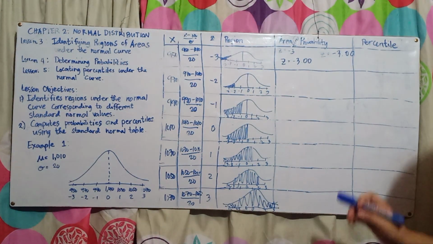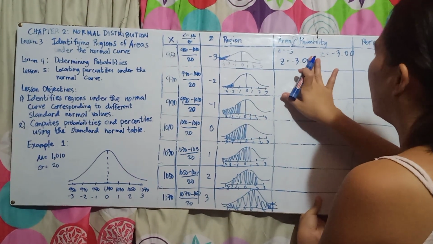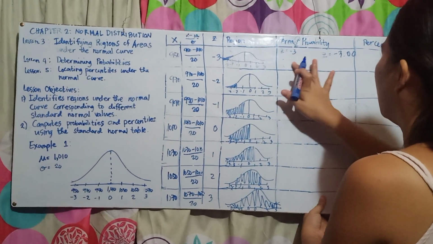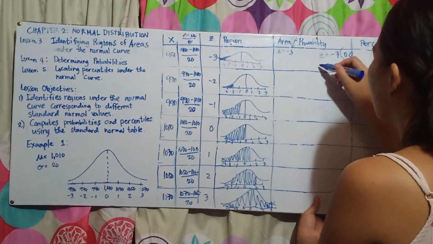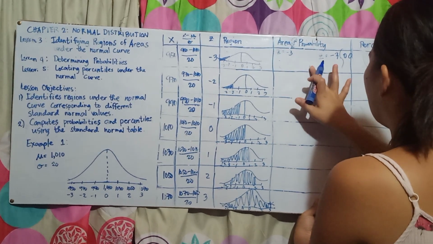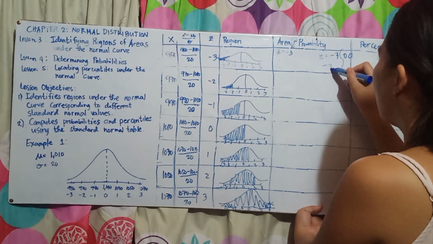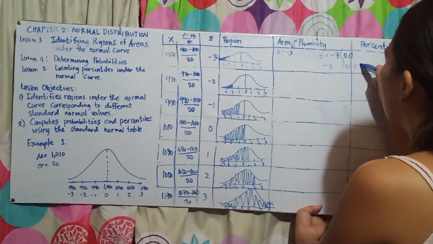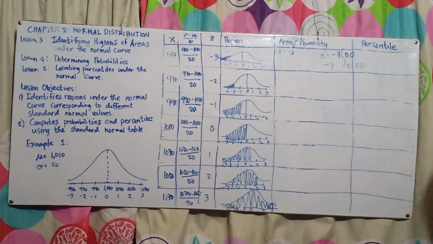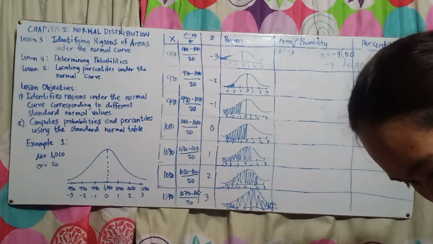Dapat naa na siya vertical, naa horizontal. So, magiging z equals, so magiging negative 3 and 0.00.